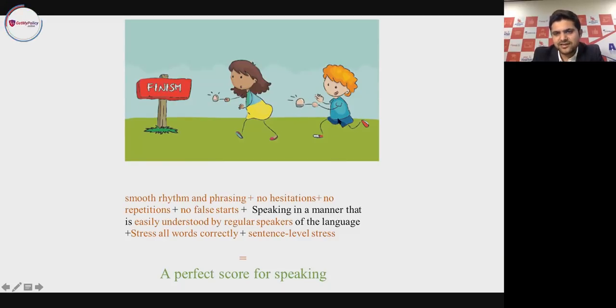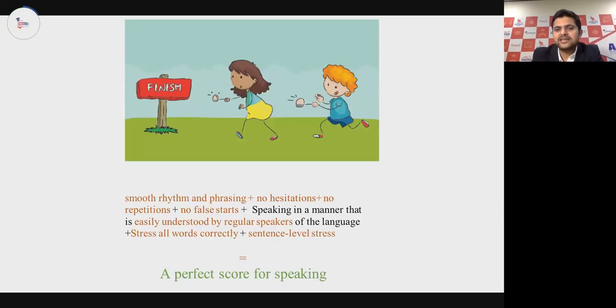In the same way, in the speaking section of PTE, you need to ensure that you are maintaining the fluency, maintaining your pace, speaking smoothly, but at the same time you also make sure that you do not let the lemon fall off the spoon.